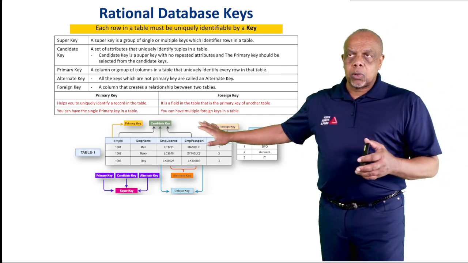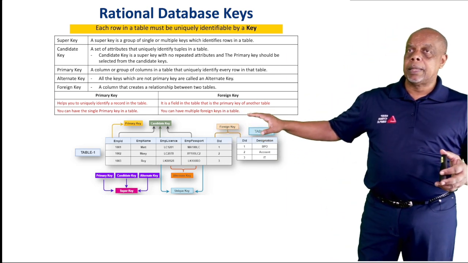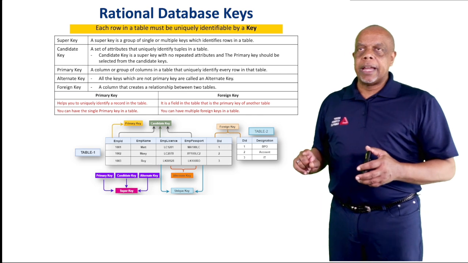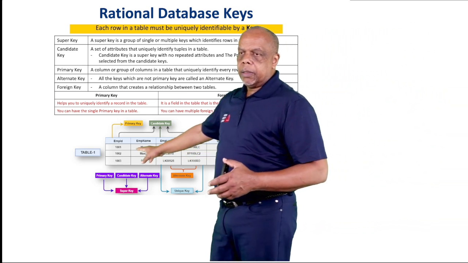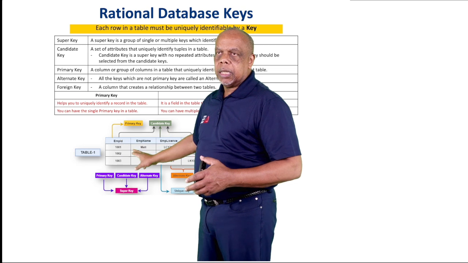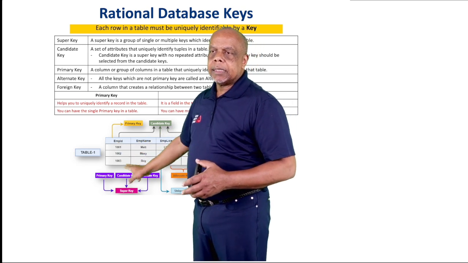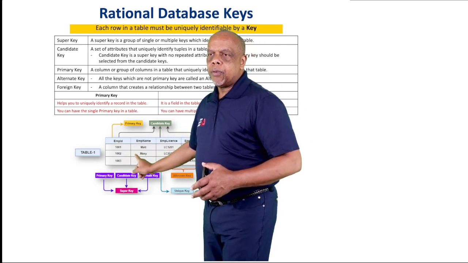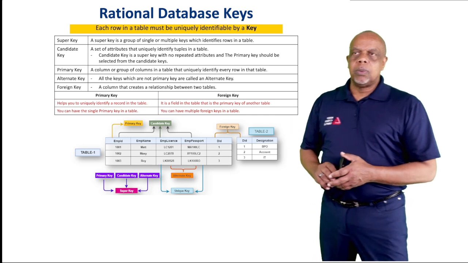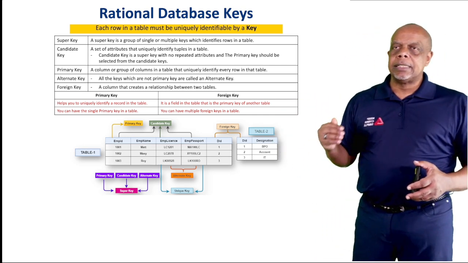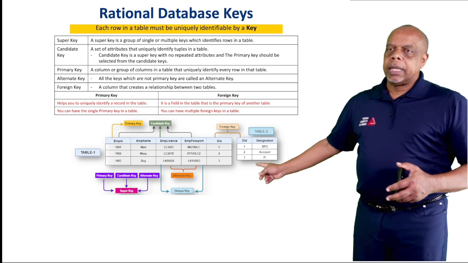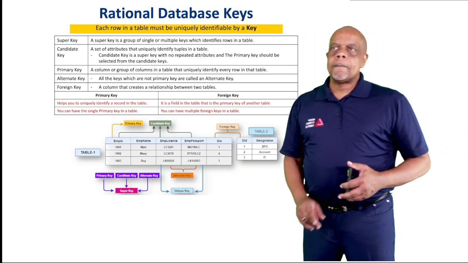That's a column or a group of columns in a table that uniquely identify every row in that table. For this example I'm going to use this employee ID as the primary key. So every row, 1001, 1002, 1003, is uniquely identified. That employee ID is a unique identifier that will identify each of these rows.